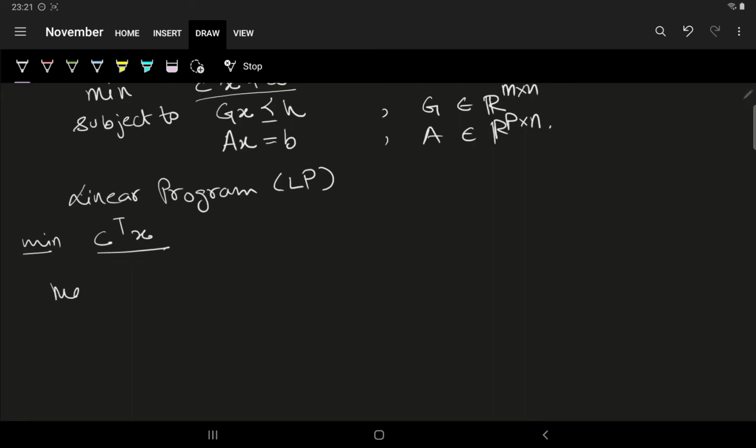Also, maximizing c transpose x plus d is similar to minimizing minus c transpose x minus d, which is convex, and this is also called a linear program.